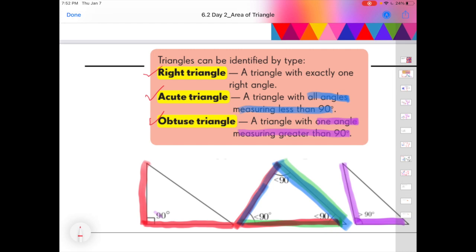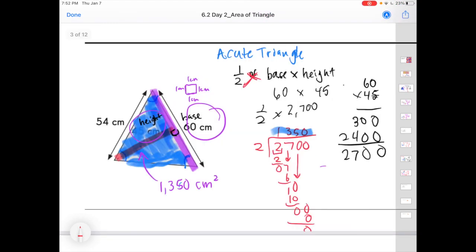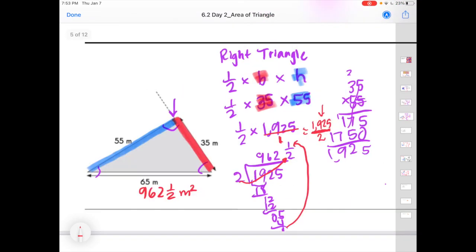So in this lesson, we talked a little bit about classifying different triangles. We know that a right triangle has exactly one right angle. An acute triangle is a triangle with all angles measuring less than 90 degrees. An obtuse triangle is a triangle that has one angle measuring greater than 90 degrees. We then practiced finding the area and classifying different triangles.